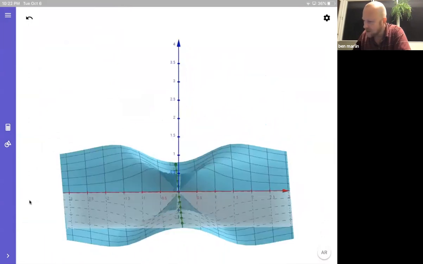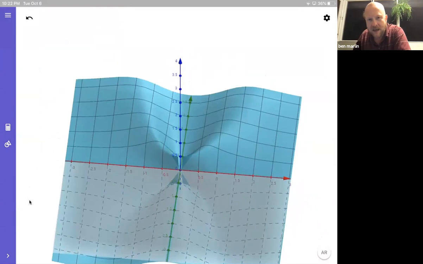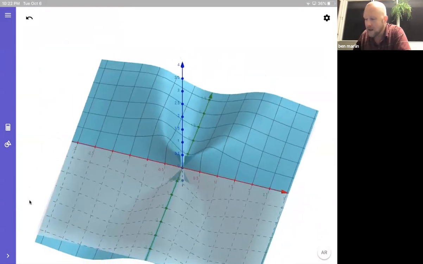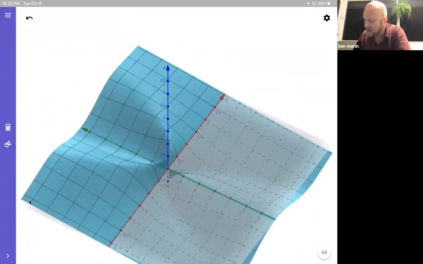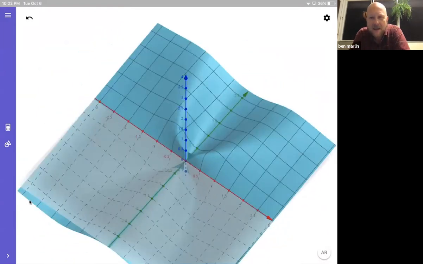And if we turn it up here, we can kind of see along y equals x squared, it's at the top of a peak. And we can kind of see on the graph that it's going to go in towards z being 0.5.